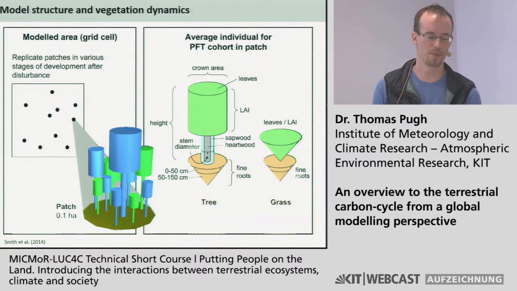So some models, LPJ-GUESS being one of them, and I'm unashamedly going to show you lots of things from LPJ-GUESS because it's the model I work with, use an approach where you also break down those plant functional types into different age groups, and you mix them together in the grid cell, so that you try and account for some of this heterogeneity that you have in natural systems. And if anybody's more interested in how we do that, then I can go into a bit more detail later on offline.